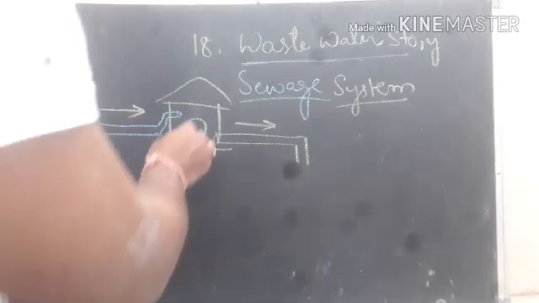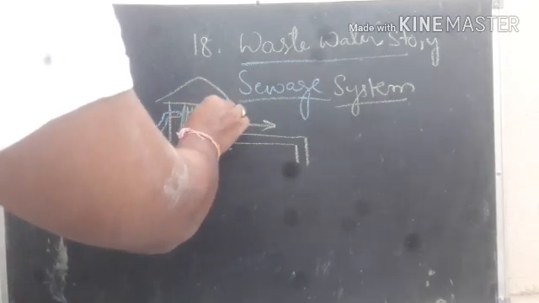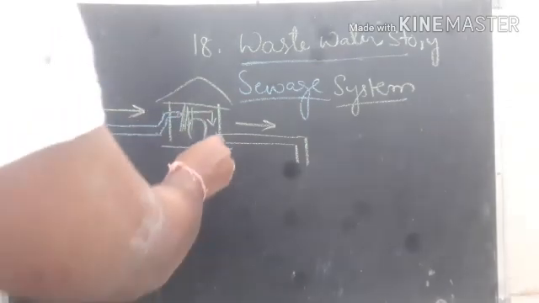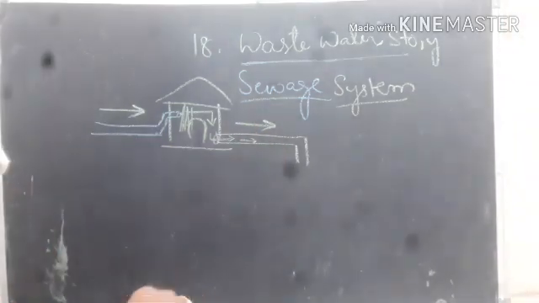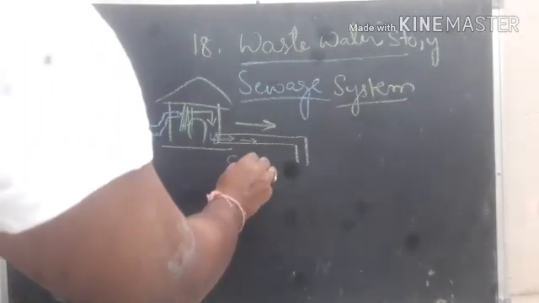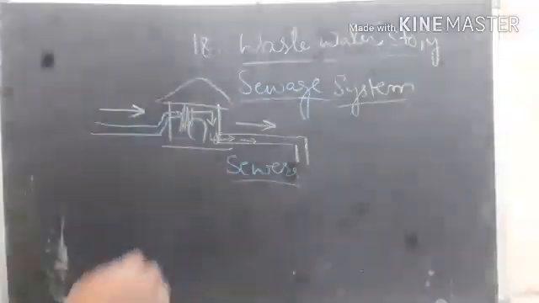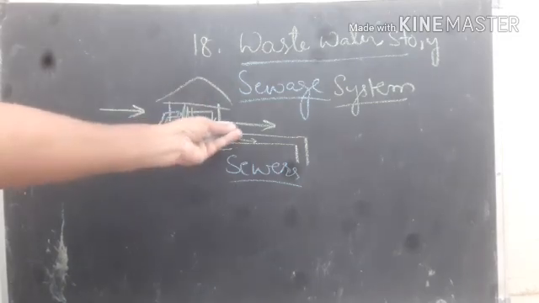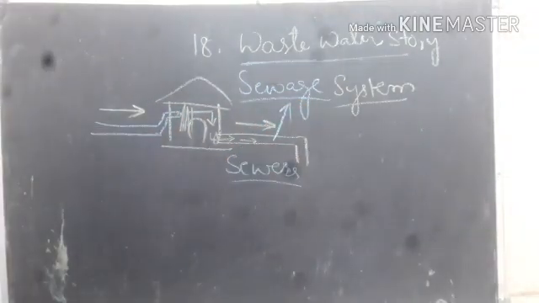However, once that clear water is used by us, it is called wastewater. The wastewater is sent through another pipeline. These pipelines are called sewers. Whatever used water or wastewater flows in the sewer is what we call sewage water.